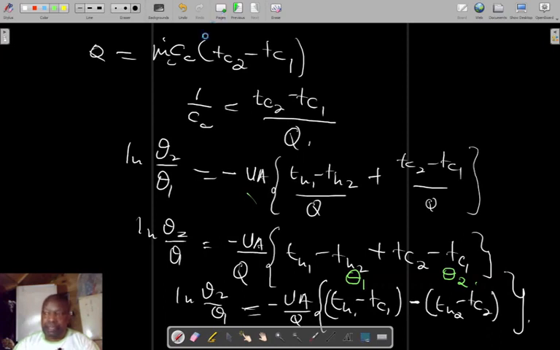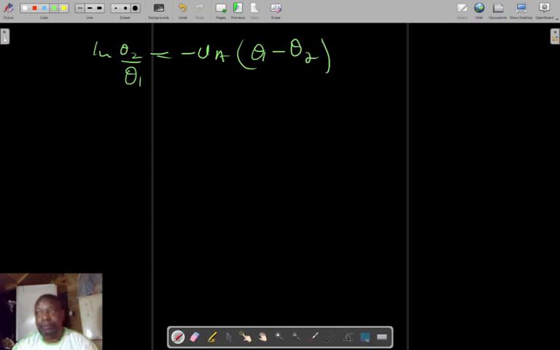So we can put our equation as ln of theta 2 over theta 1 is equal to minus UA over Q into (theta 1 minus theta 2). Taking the negatives inside, this is equal to UA over Q (theta 2 minus theta 1).